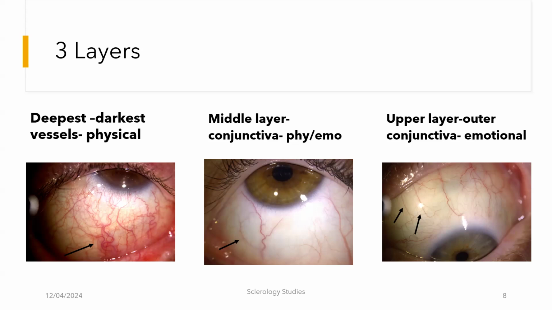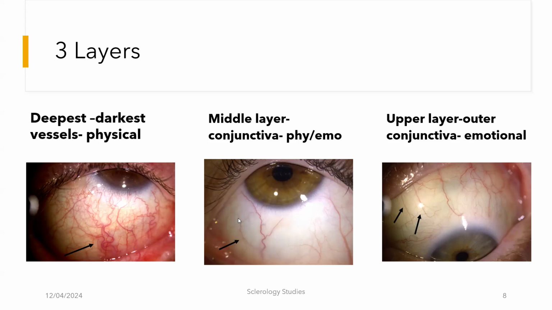But when you look in the iris and you're using iridology, you're not always clear that this is emotionally related. The sclera is the one that comes along and says, they can try to tell you that it's not emotionally related, but I'm going to tell you that it is, because here's the sign.